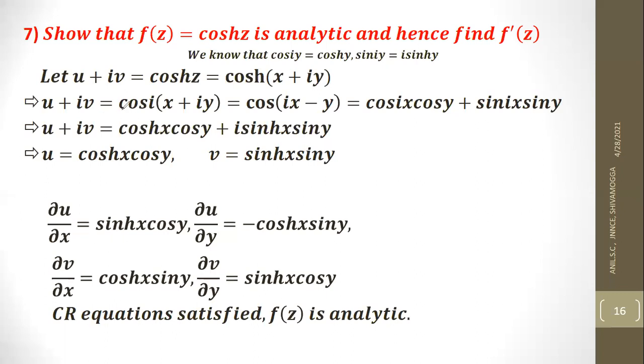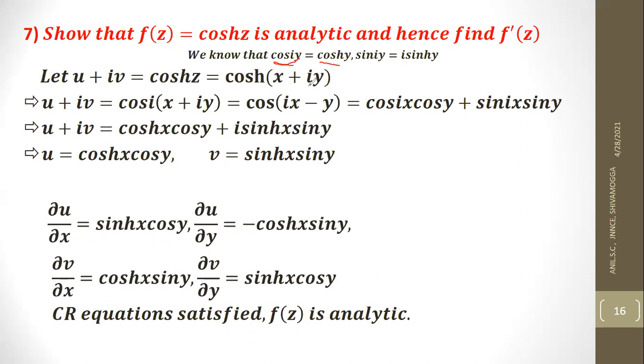U plus iv is equal to cos hyperbolic x plus iy, and we know that cos iy is equal to cos hy. This is a known result. Therefore, cos hyperbolic x plus iy can be written as cos of i into x plus iy, because cos hyperbolic y is cos iy.